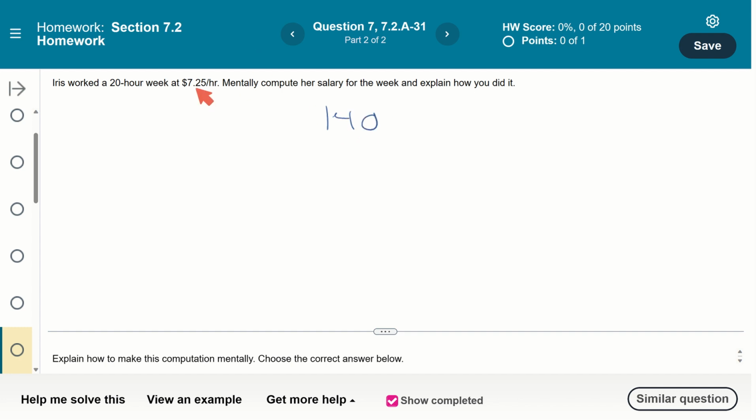Then we basically need to figure out how much 20 quarters are, right? Now we know that 4 quarters is $1. So 20 quarters would be 5 times that, so it's $5. So we have a total of what? She made a total of $145 that week.